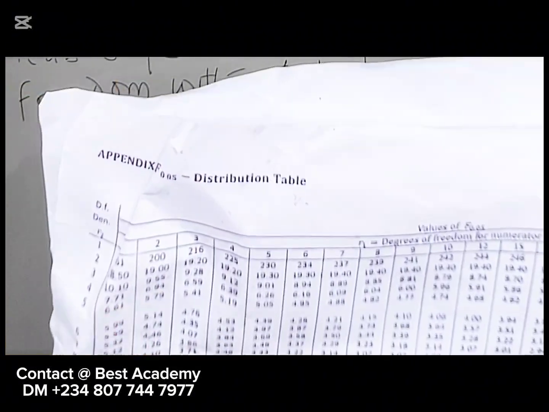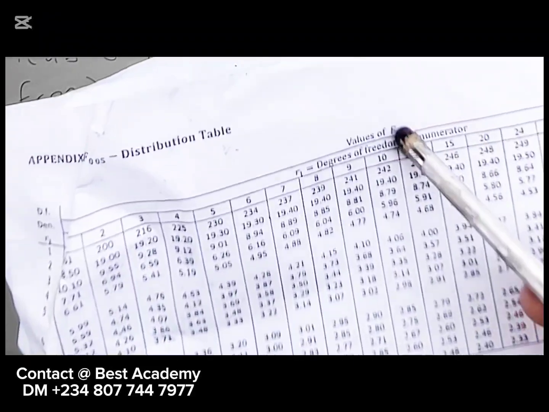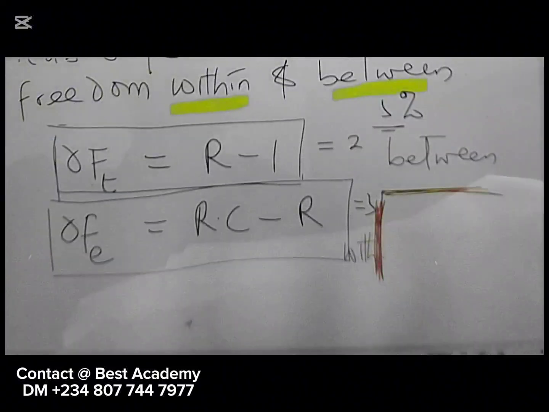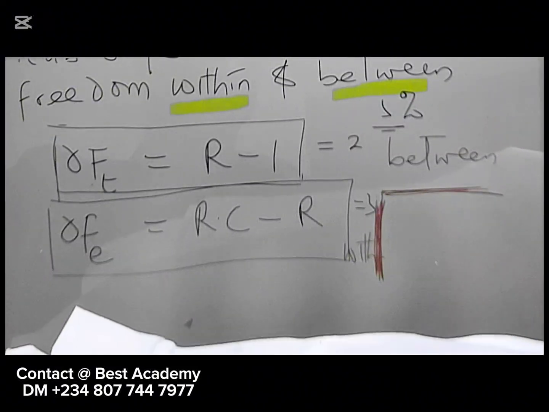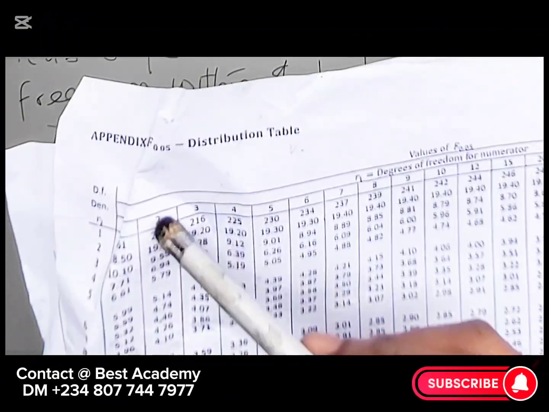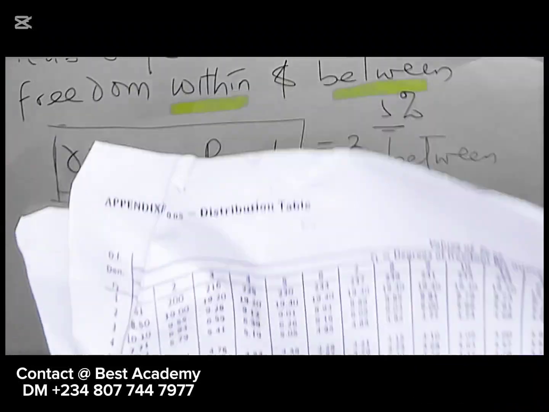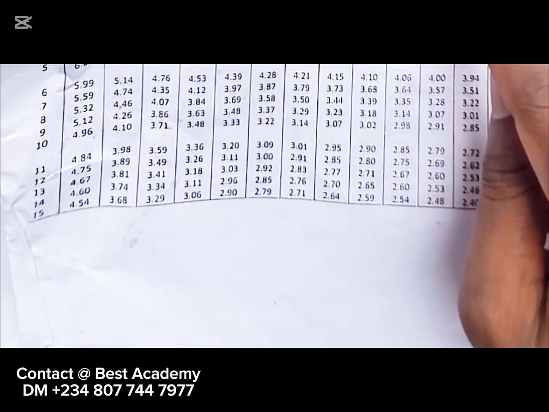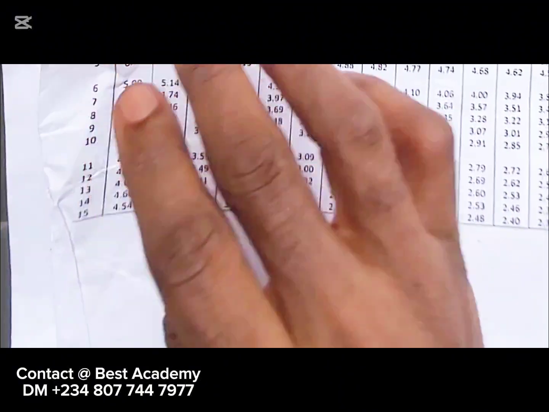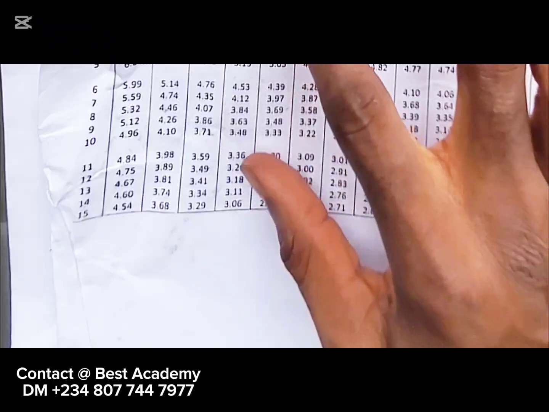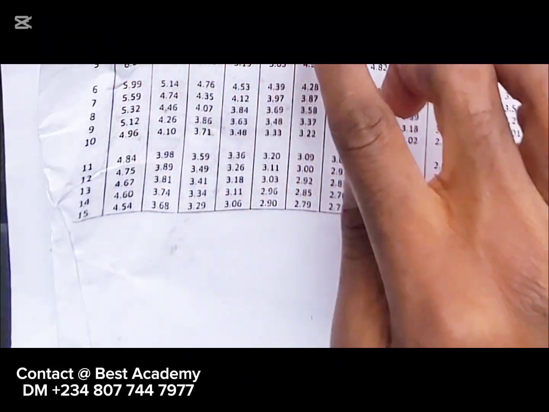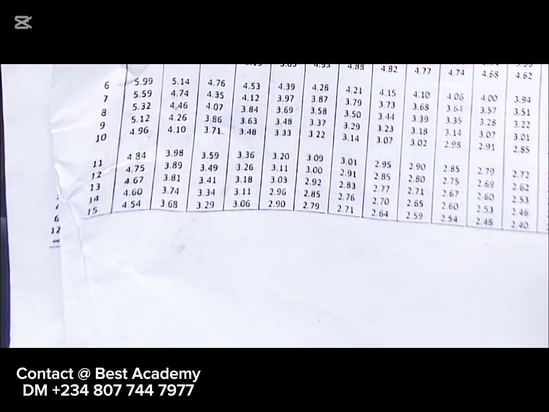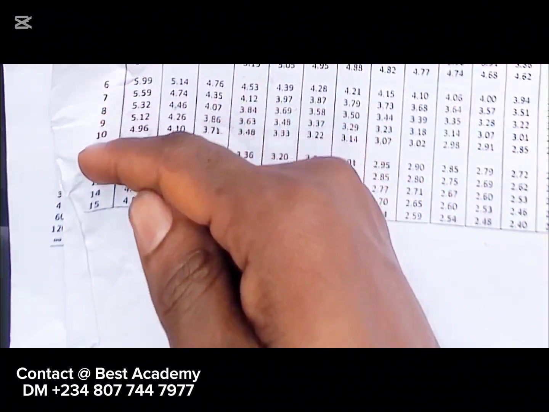Remember, this is 0.05. Here we assume the value for between to be 2, while for within we assume 3, at the 0.05 level of significance. In terms of the table, this serial number is always between, while this serial number is always within.